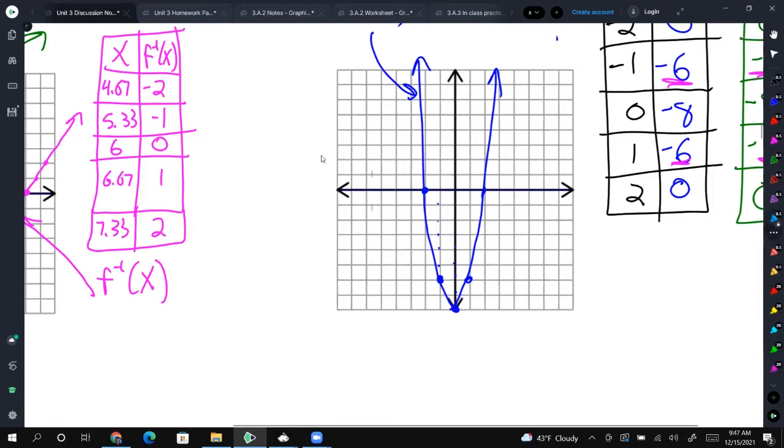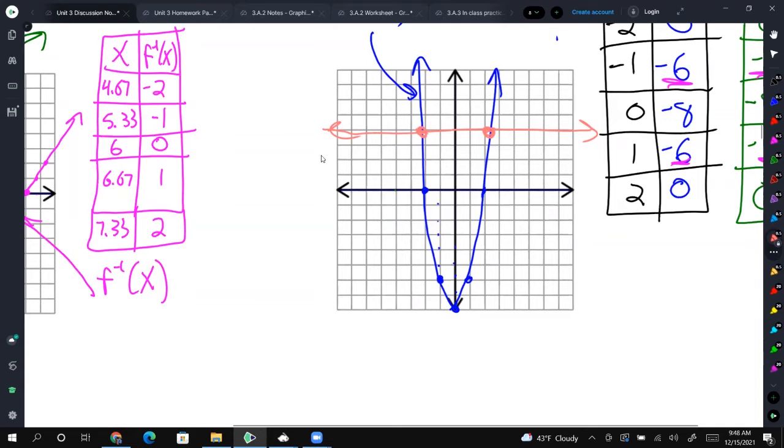Instead of a vertical line test, we can do what's called a horizontal line test. And the horizontal line test is, well, a horizontal line. And you see the horizontal line touches more than once. So that means the inverse of this would not be a function. It's going to get confusing. The vertical line test tells you if the graph we're looking at is a function.